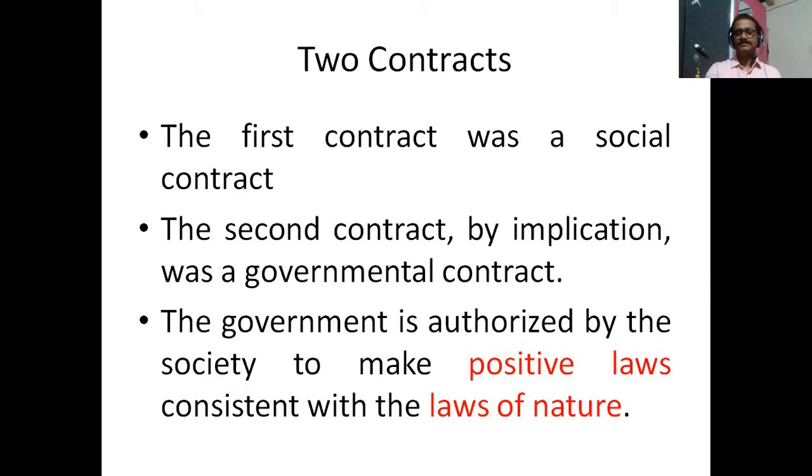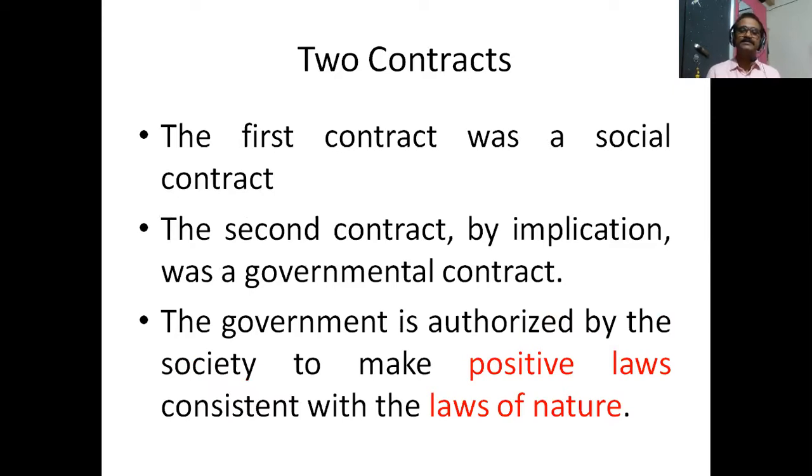Two contracts. John Locke speaks of two contracts. The first contract was a social contract which established civil society, and the second contract, by implication, was a governmental contract. Here we have to understand two contracts.